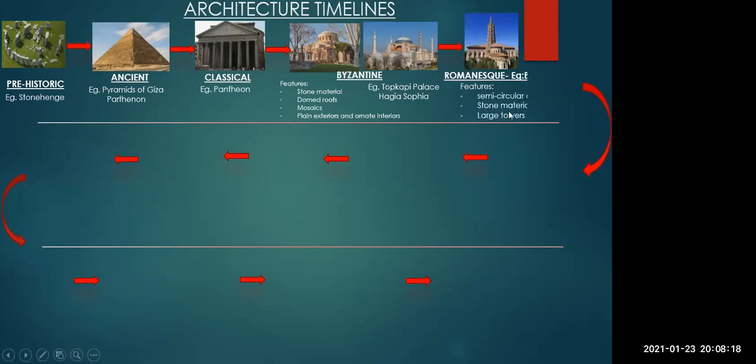Then you have the Romanesque era. The most famous building in this time is the one I put here, called the Basilica Saint Sernin. The features of this building are semicircular arches.